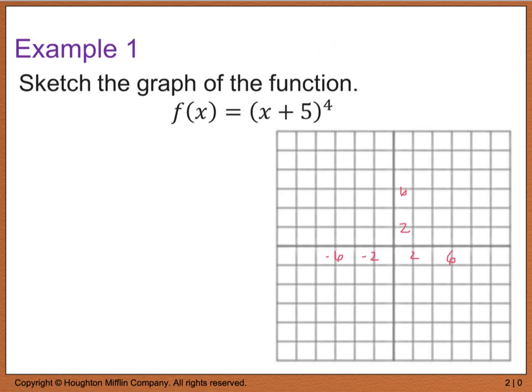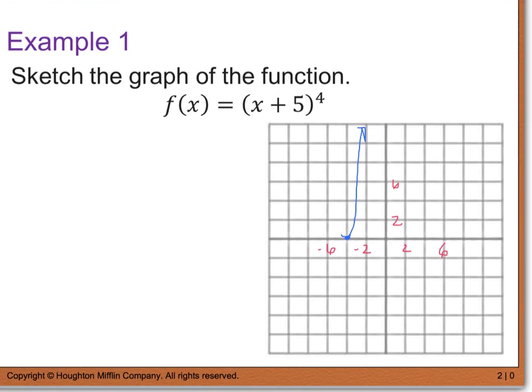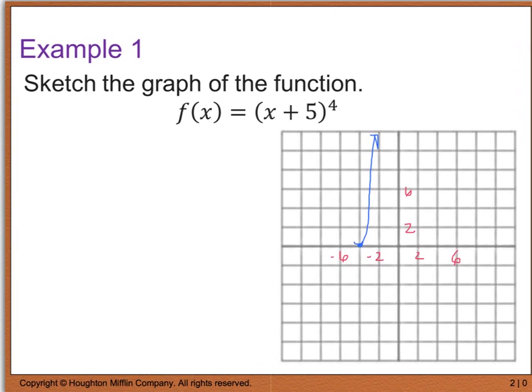So when I go to graph this, I'm going to start out with my x-intercept, or in this case, because it's an even function, I don't have an x-intercept, but my vertex is actually going to hit on the x-axis, and that's going to hit at x equals -5, so right here. And if I graph it, I will see that I end up with something that looks like this and this. Like that. And you can graph this on your calculator to get a little bit better picture.